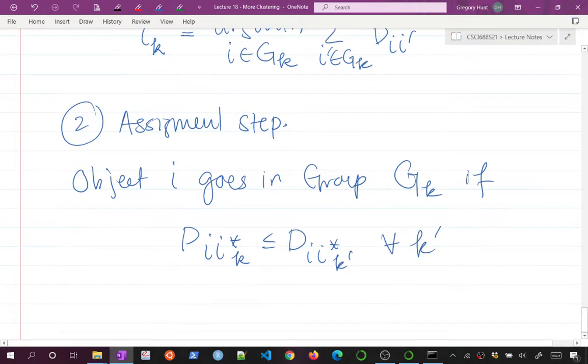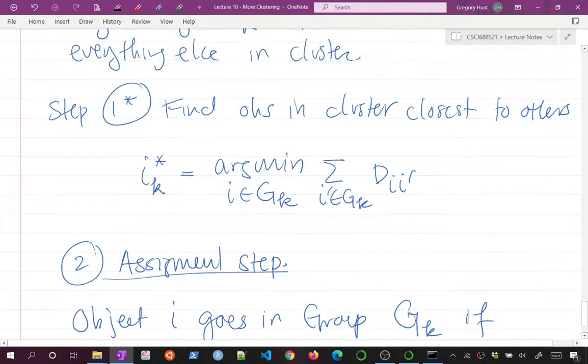So this looks a lot like our k-means algorithm, but now it's all in terms of dissimilarities. We don't even ever talk about the x's.